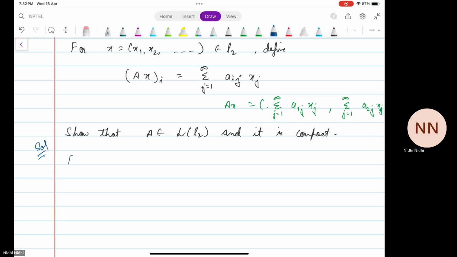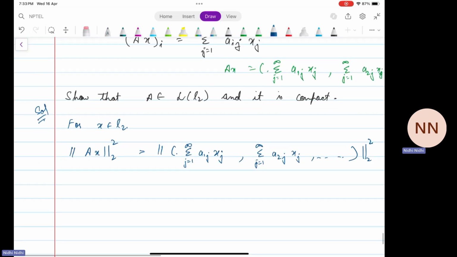For that, for any x in L2, we can see that the L2 norm of Ax square is nothing but the L2 norm of the sequence summation j from 1 to infinity a1j xj, summation j from 1 to infinity a2j xj, and so on. So this is summation i from 1 to infinity mod summation j from 1 to infinity aij xj square.